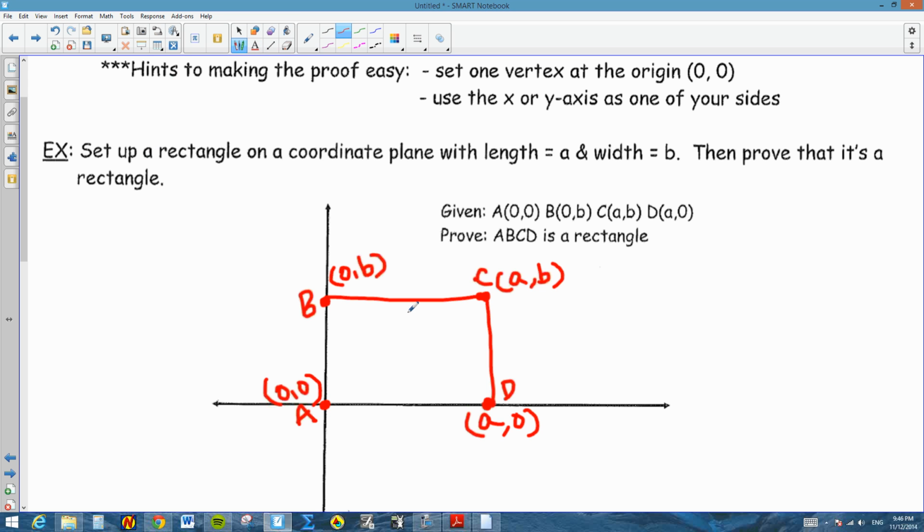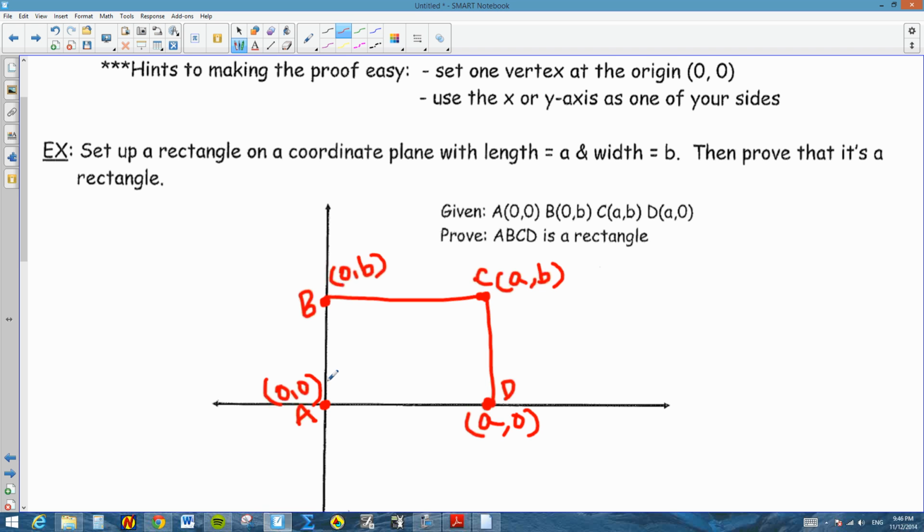How do you prove a figure is a rectangle? First of all, you have to prove this: the length BC must be congruent to length AB. And then you have to prove BA is congruent to CD. Have the same length, okay? So lengths equal, segments congruent.